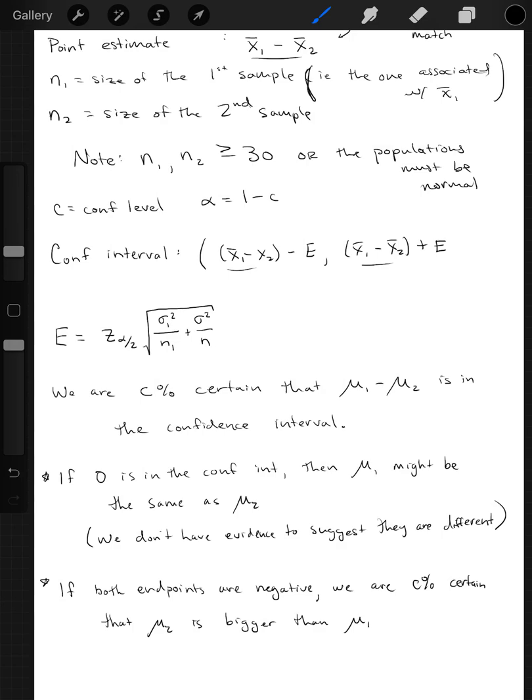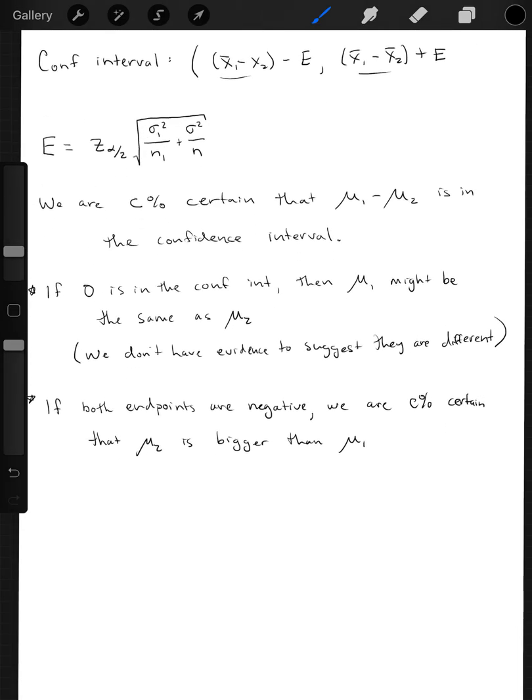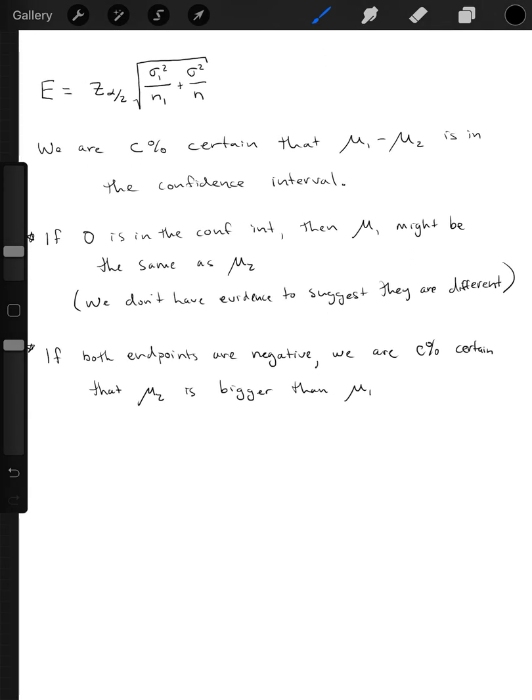Because if mu1 minus mu2 is negative, which we are going to be C% sure that it is in this case, then whatever one you're subtracting is the bigger one. Right? So if when you subtract two numbers, you get a negative number, the one that you're subtracting from the other is the bigger one, and if both endpoints are negative, we are C% certain that actually mu1 minus mu2 is negative.